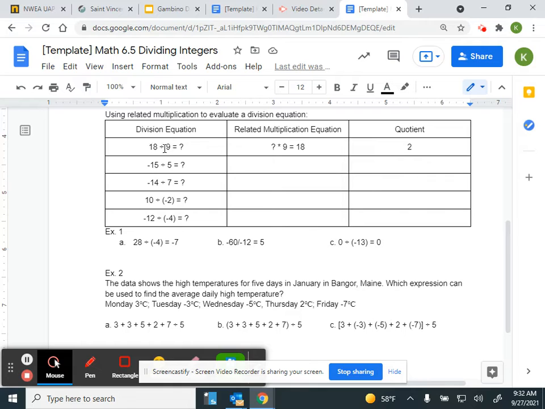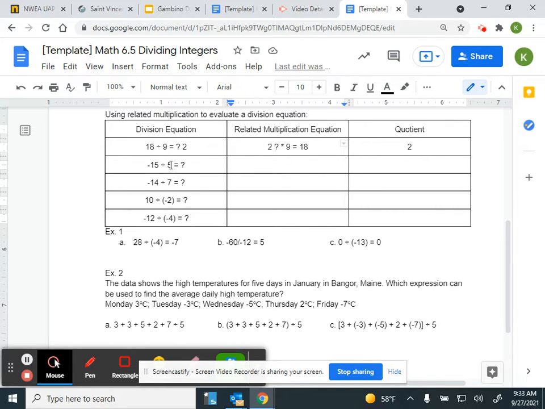If we have 18 divided by 9, what would that equal? That equals 2. So what times 9 would equal 18? 2. Very good. And a quotient is the answer of a division problem. So the quotient would be 18 divided by 9 is 2.